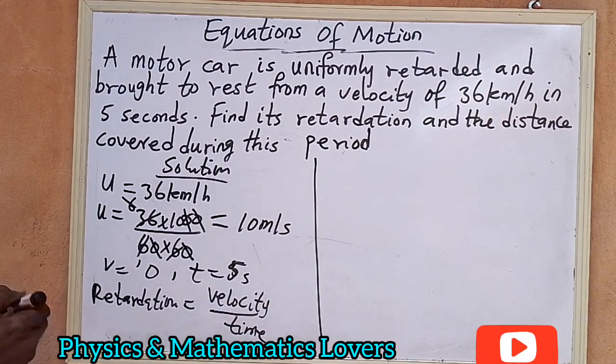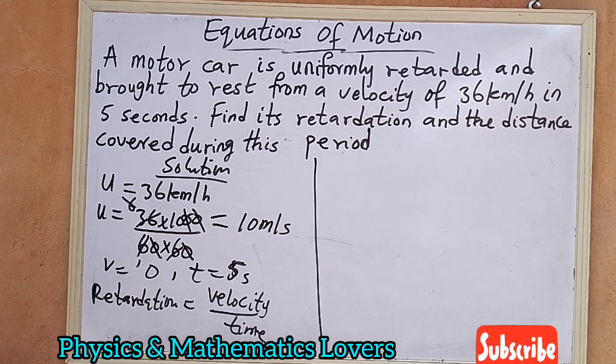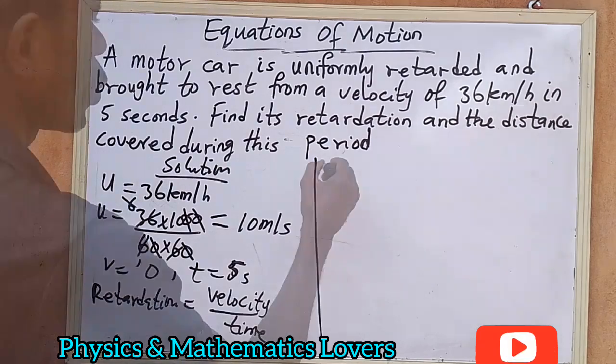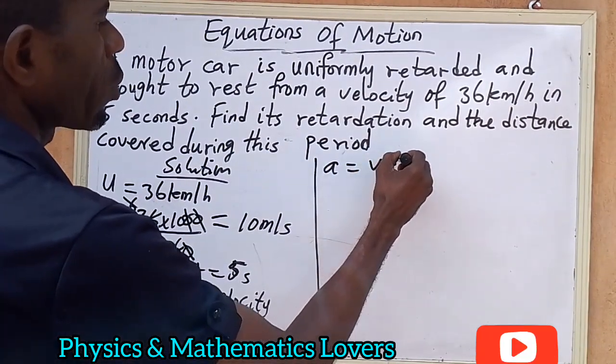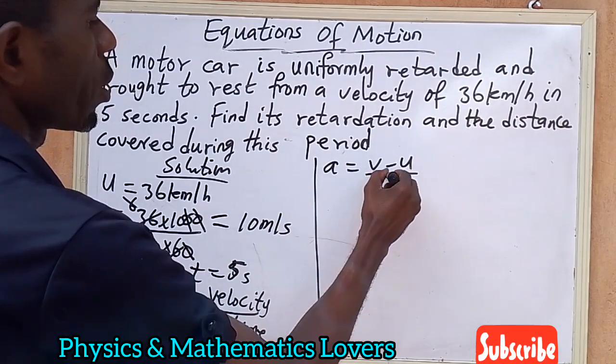It is now a decrease in velocity, no longer an increase, because the velocity has decreased until that velocity becomes 0. So it is v minus u all over time.